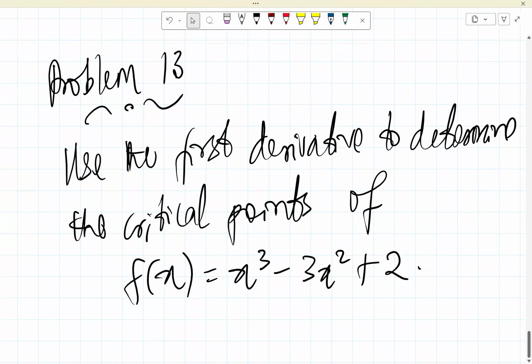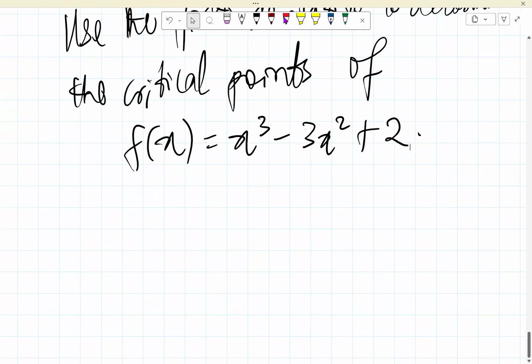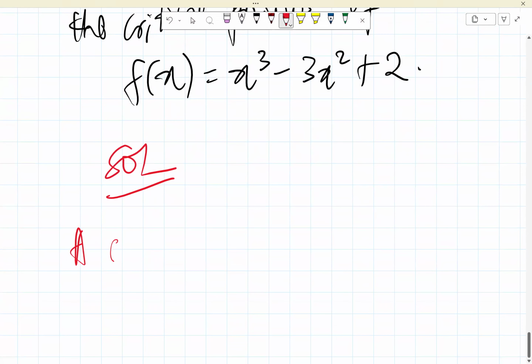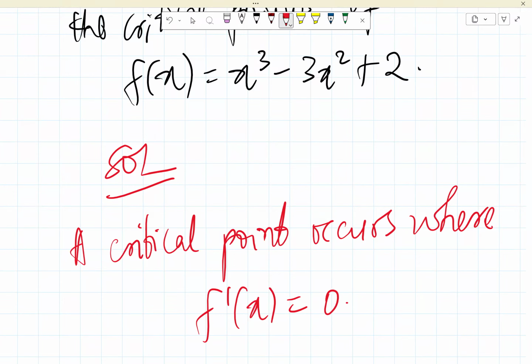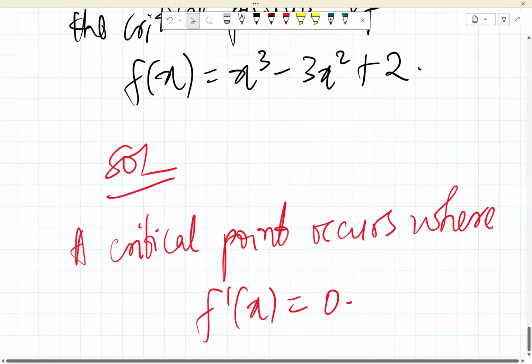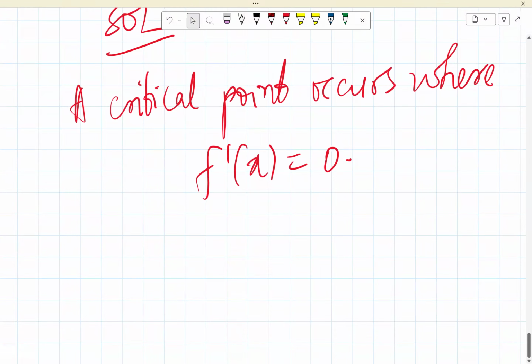So this is normal calculus stuff, right? But in the context of loss functions, it makes more sense. So we know that a critical point occurs where f prime of x is equal to 0. So in that case, it means that we need the derivative of f of x. So then we go on to do that.